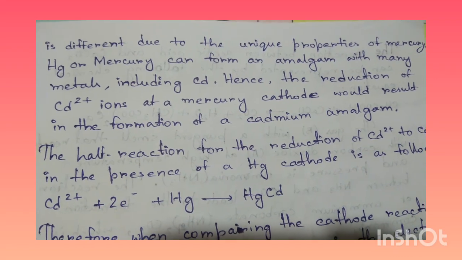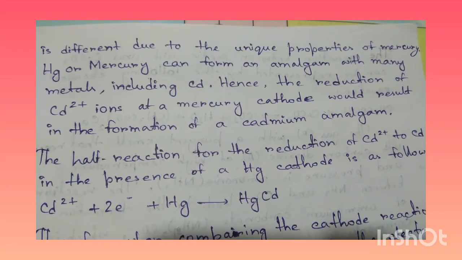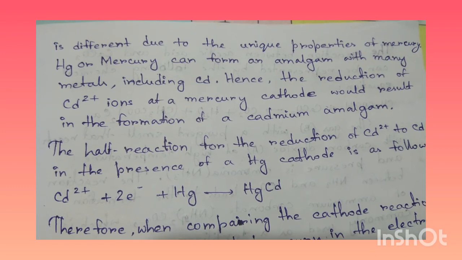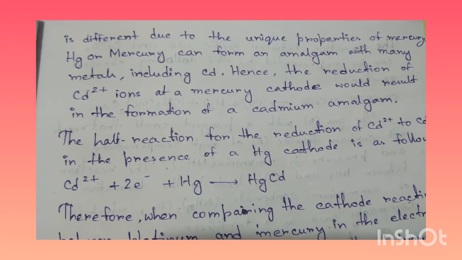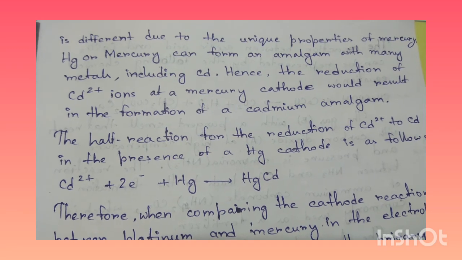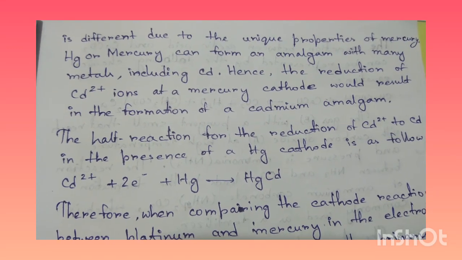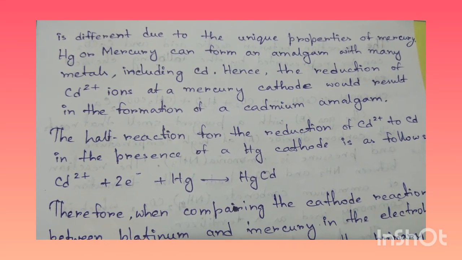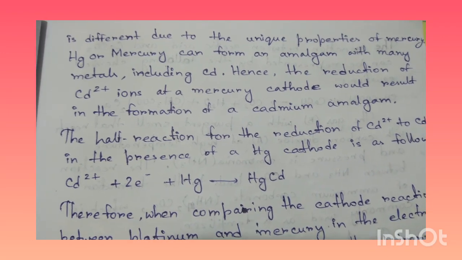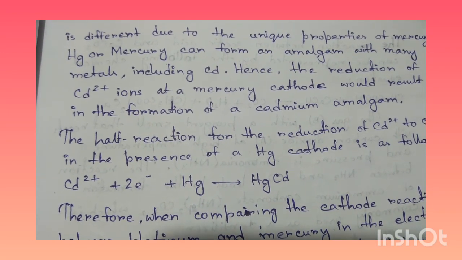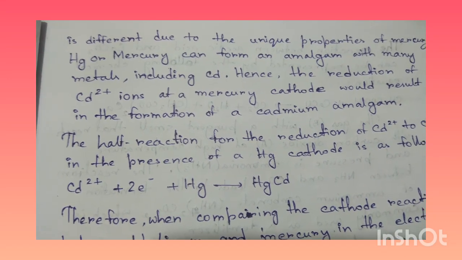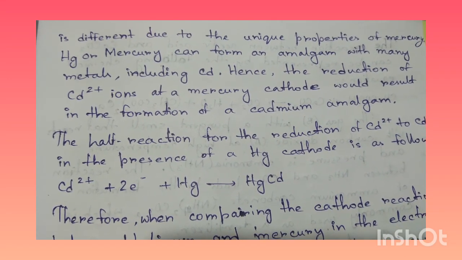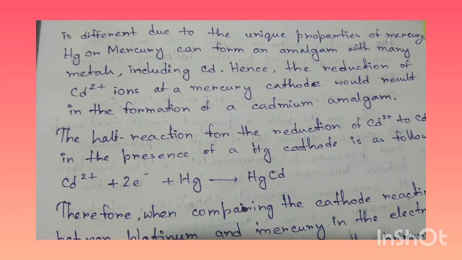Hence, the reduction of Cd2+ ions at the mercury cathode would result in the formation of a cadmium amalgam. The half reaction for the reduction of Cd2+ in the presence of a Hg cathode is as follows. Cd2+ + 2e- + Hg gives Hg(Cd).